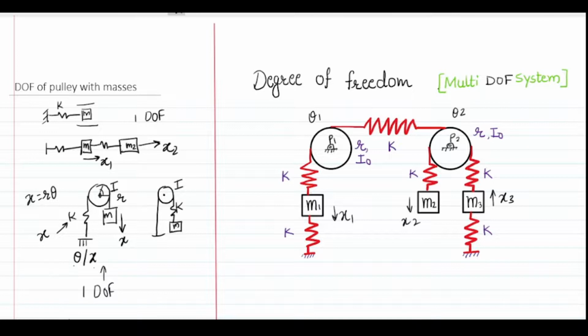However, in the second case, if I give a motion x here, is theta directly related to x? I cannot write here that x is equal to r theta because the spring is connected. If the spring is very flexible, maybe the deformation will be very large and theta very small compared to x, because the other side of the spring is inextensible.